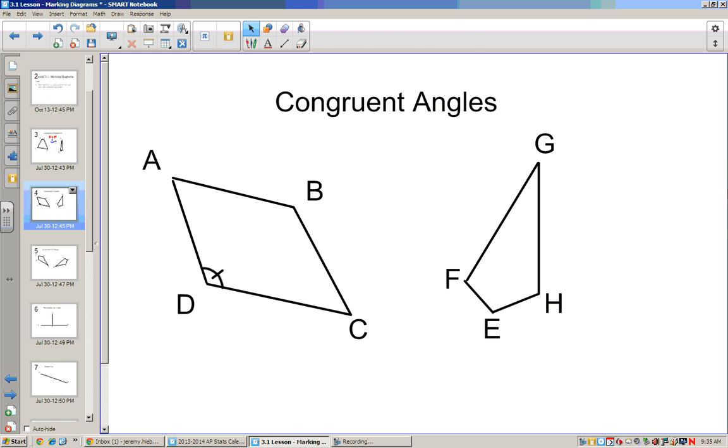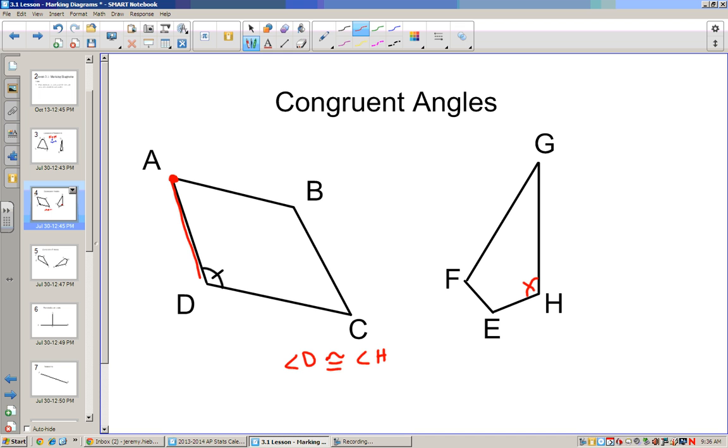Here we have two angles. Here's D and H. Those are congruent. And what we would write is angle D is congruent to angle H. Another way that we can name angles is with three letters.